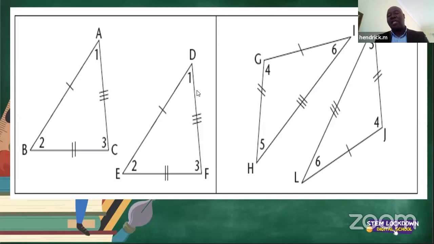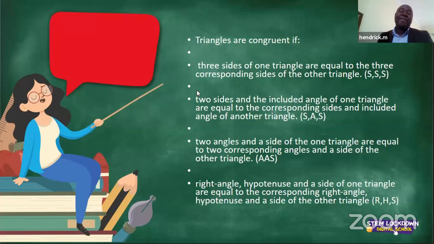If you look at triangle ABC and triangle DEF, as well as triangle GHI and triangle JKL. So the first condition is that the three sides of one triangle must be equal to the corresponding sides of the other triangle. In bracket, you can put side, side, side.